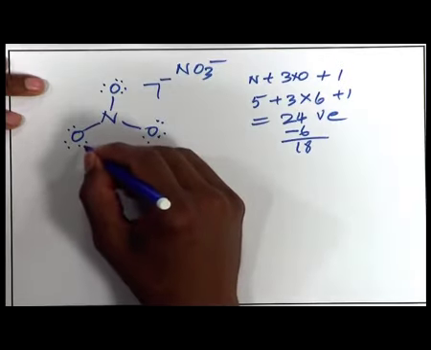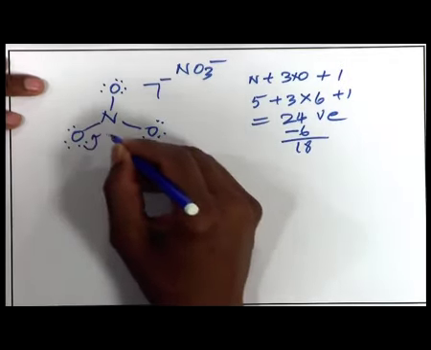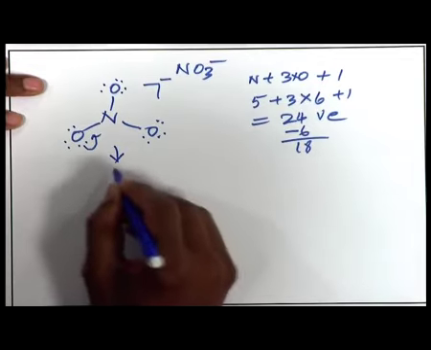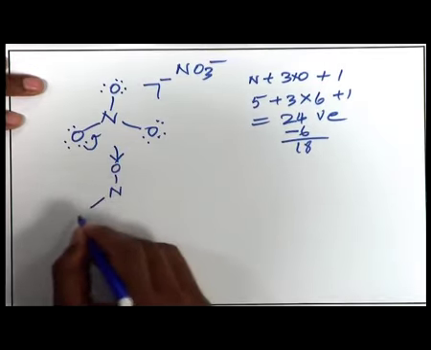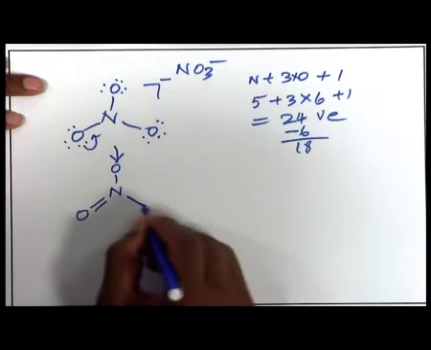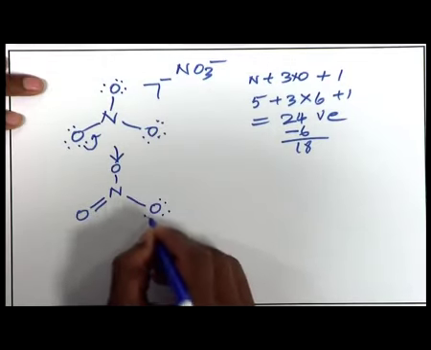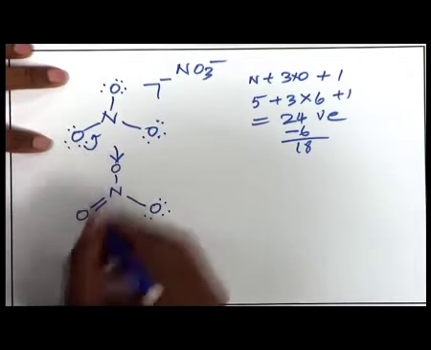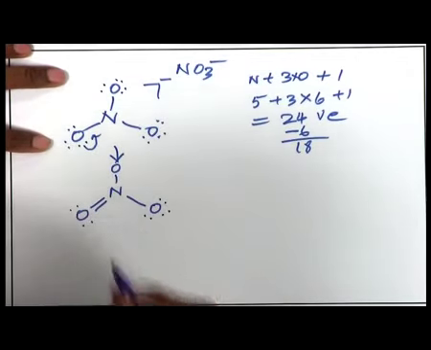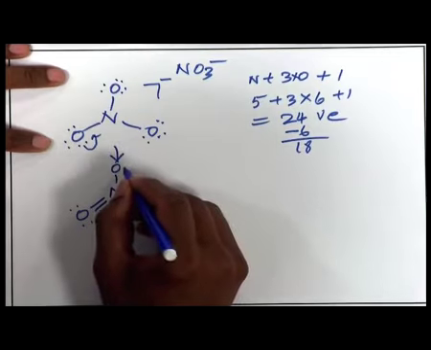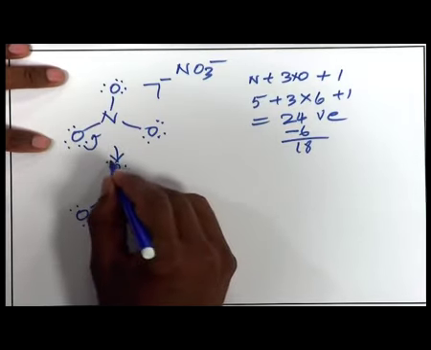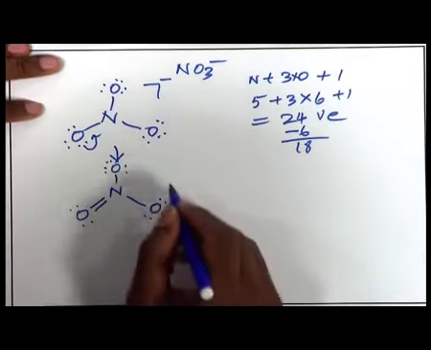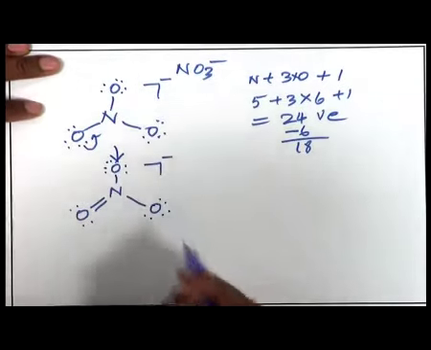So, you pull this lone pair here and then you see nitrogen double bonded to O here. After pulling one lone pair, it has only 2 lone pairs remaining. Here nothing happened as such, and here again. Then you have to put the overall charge minus.